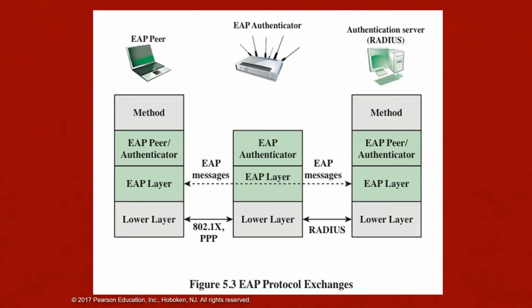The information exchanged and the number of request-response exchanges needed depend on the authentication method. The conversation continues until either 1, the authenticator determines that it cannot authenticate the peer and transmits an EAP failure, or 2, the authenticator determines that successful authentication has occurred and transmits an EAP success.